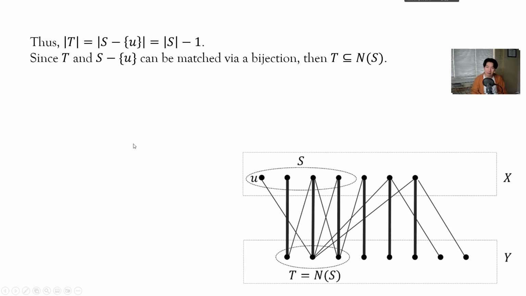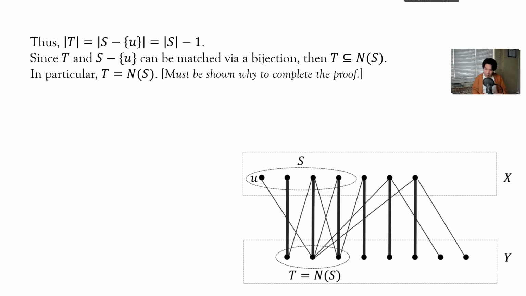And the last thing I'll note, again leaving out an enormous amount of details, is that one can prove T is in fact the entire neighborhood of S. Proving this would complete the proof.